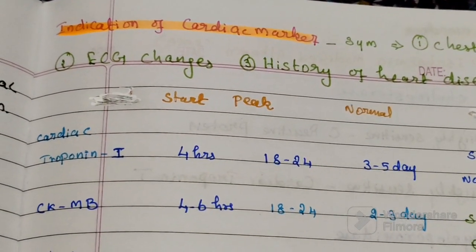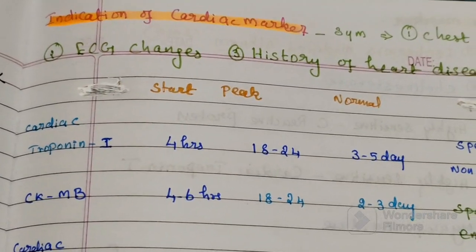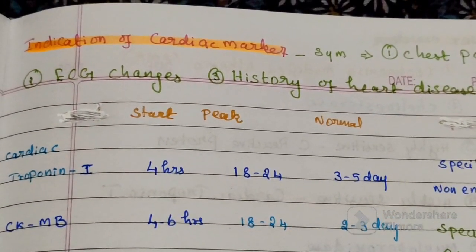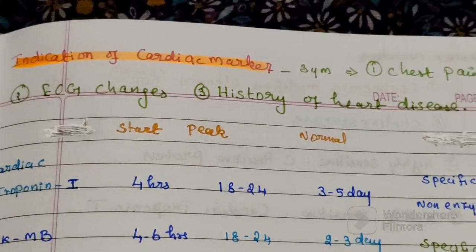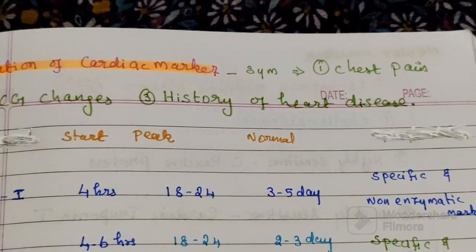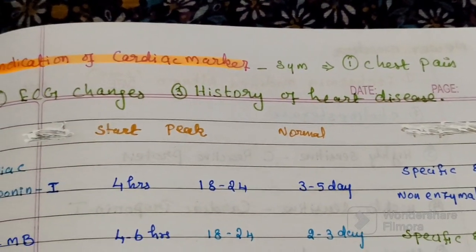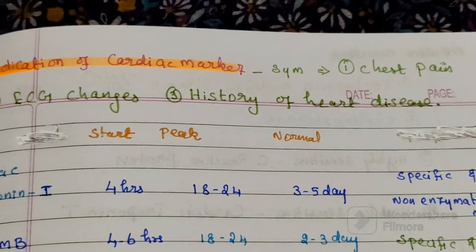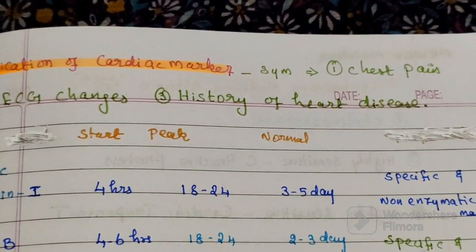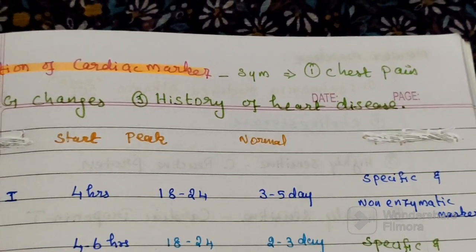Now, what are the indications for cardiac markers? First important one is symptoms, that is chest pain, ECG changes and history of heart disease.